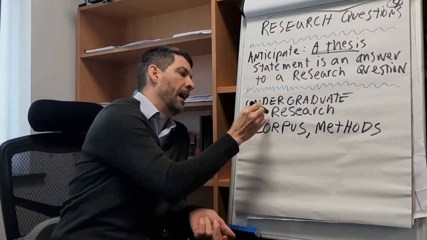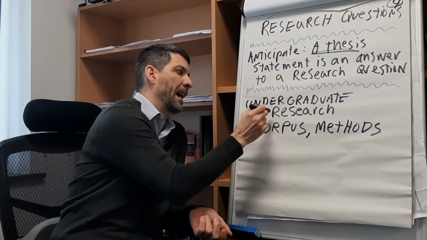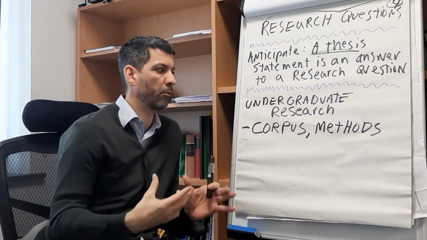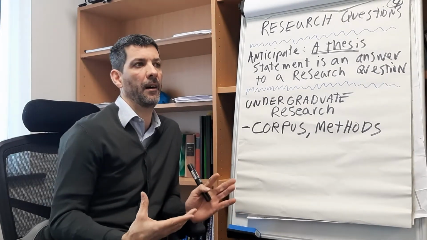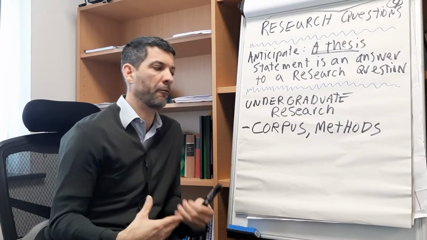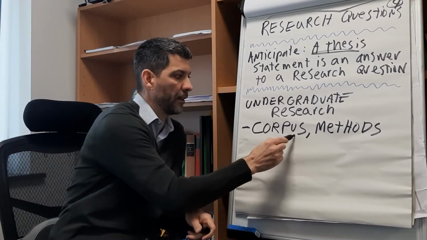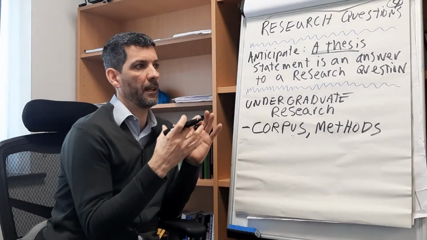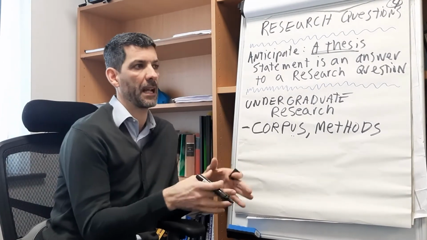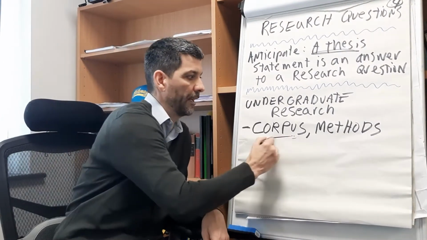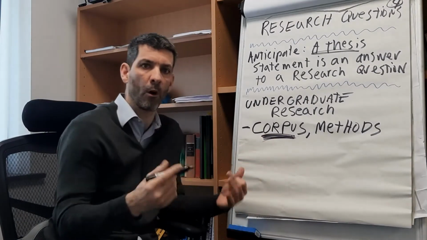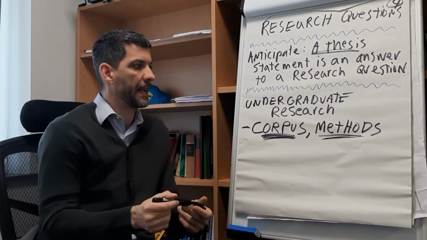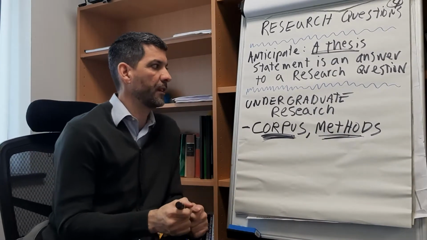And again, we have to be in the context of undergraduate research here. So the scope of the questions that you're going to ask, you have to, again, be realistic. And as I said earlier, typically the type of essay or writing assignment that you're getting as an undergraduate, we want you to be engaging with the corpus of research and works in that field, and engaging with and thinking critically about the methods.